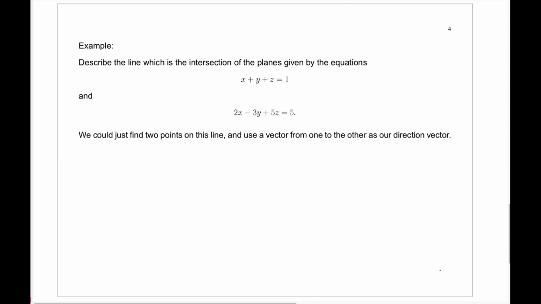Now let's look at another way we could find an equation for the line, or the description of the line, which is the intersection of these two planes. Instead of finding the direction vector first, we could just find 2 points on the line, and then use as a direction vector the vector from one point to another.